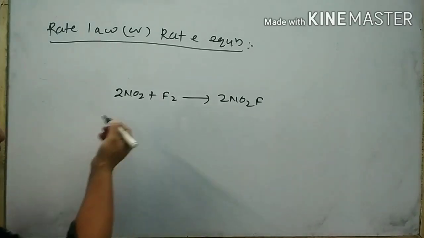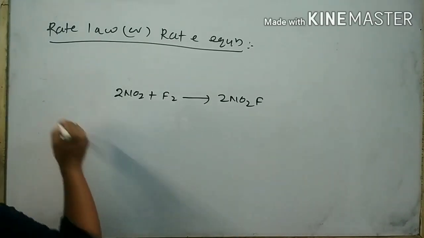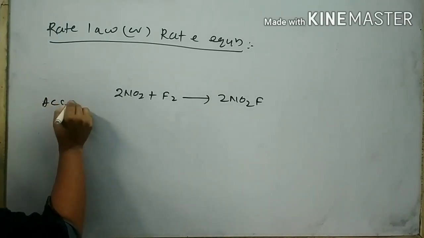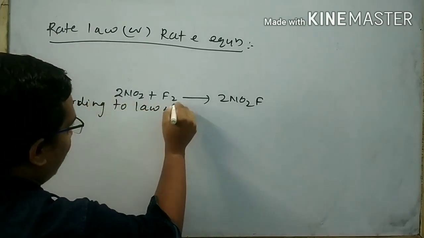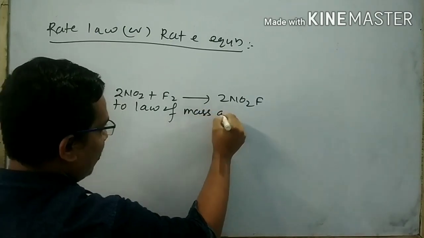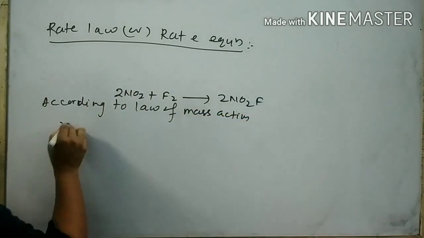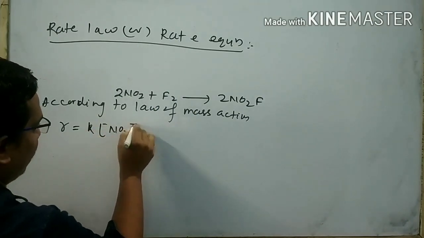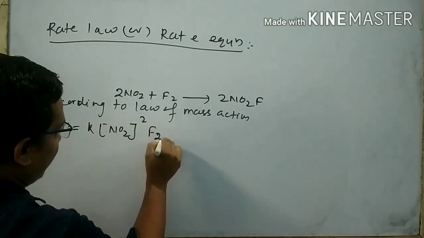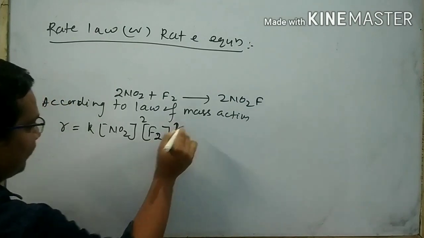Suppose I apply the law of mass action. Then according to the law of mass action, the rate R is equal to K into [NO2] power 2 [F2] power 1.